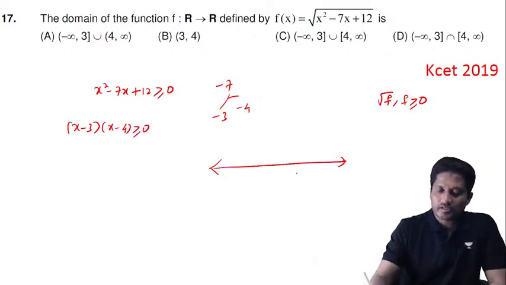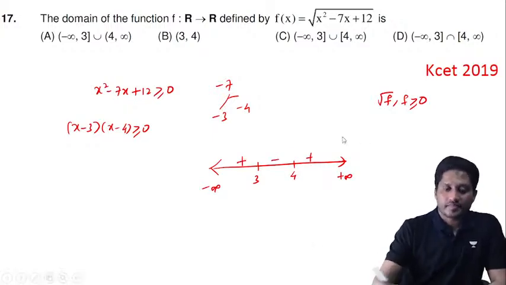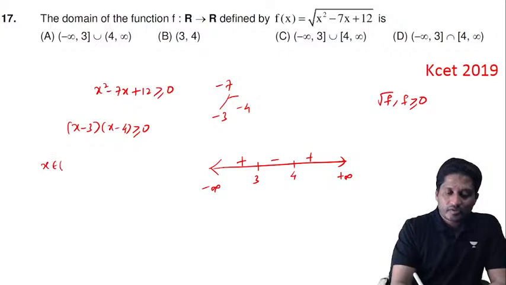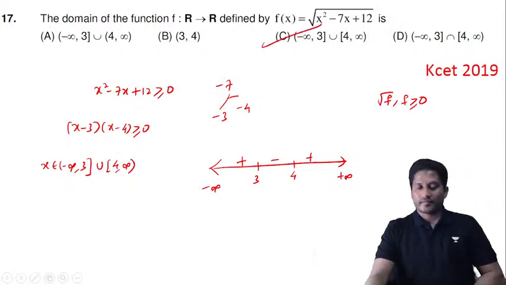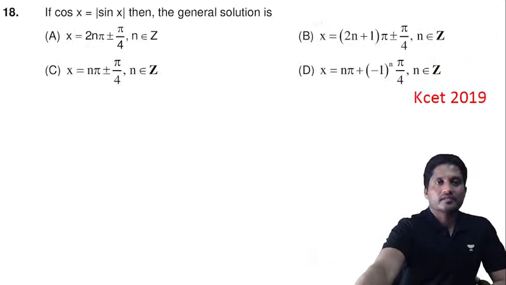Fix the roots in increasing order. This is minus infinity to plus infinity. Roots in increasing order are 3 and 4. Start from right: plus, minus and plus. Greater than 0, I should take the positive part. X belongs to minus infinity comma 3 union with 4 to infinity. Right, answer is option C. Let's move to the next question.